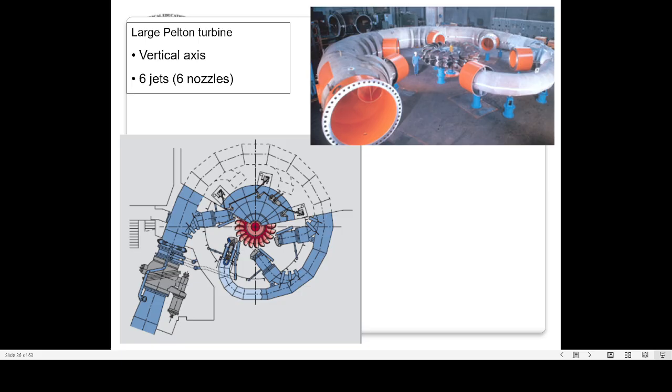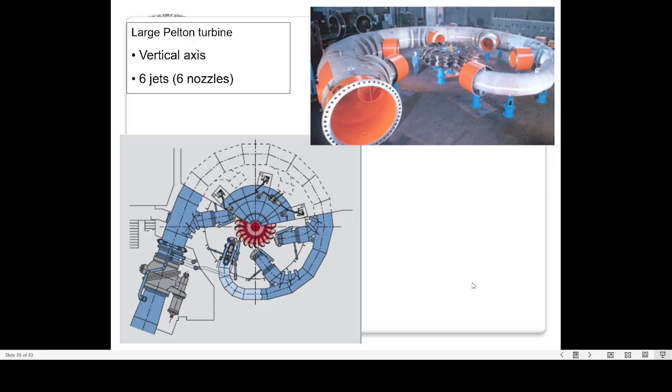We have seen the classification of the different types of hydraulic turbines based upon various criteria, and we started with the discussion on one of the impulse turbines, that is the Pelton wheel. We have discussed the schematic arrangement for the Pelton wheel, we understood the working principle of the Pelton wheel, and we have seen some different arrangements for the Pelton wheel. Okay, we'll stop here for today's session.